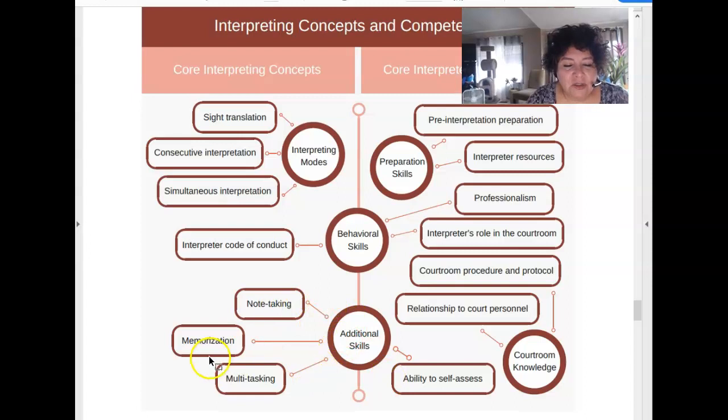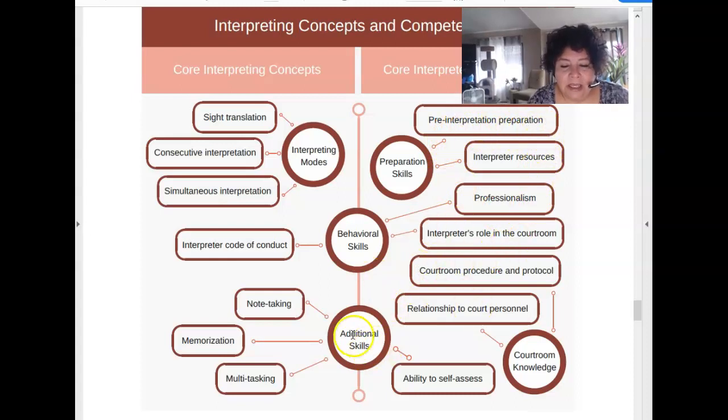Note taking, your additional skills, you're memorizing, you're note taking, you're multitasking because you're looking for words for definitions in both languages. Preparation skills, I gave you some material ahead of time to be able to prepare. When we did, for example, the sight translation, it's always helpful to have the material ahead of time.